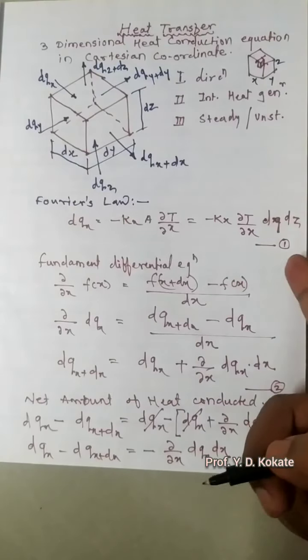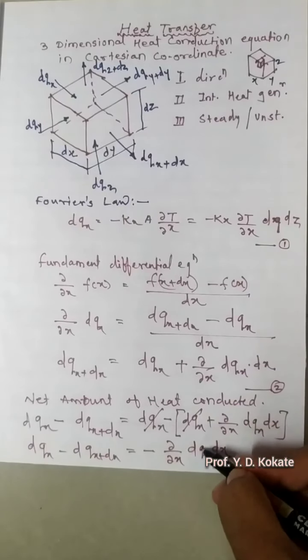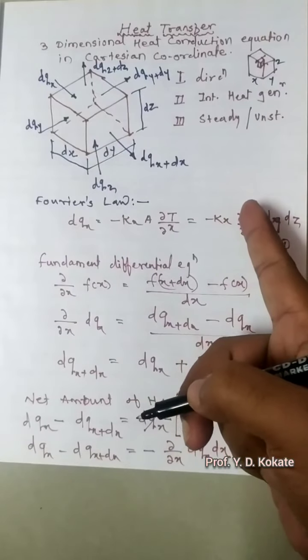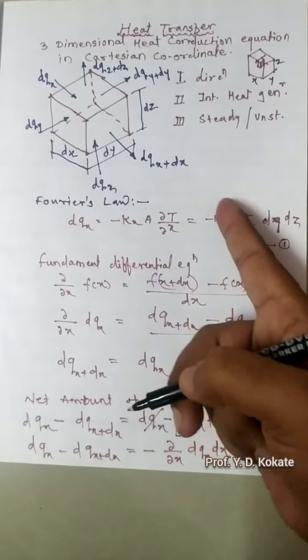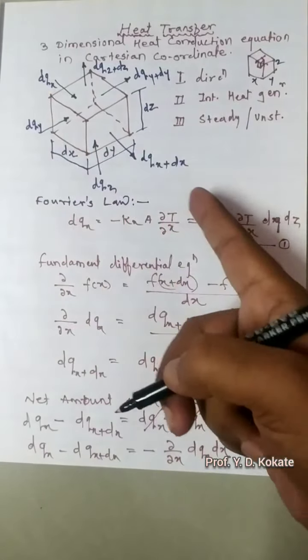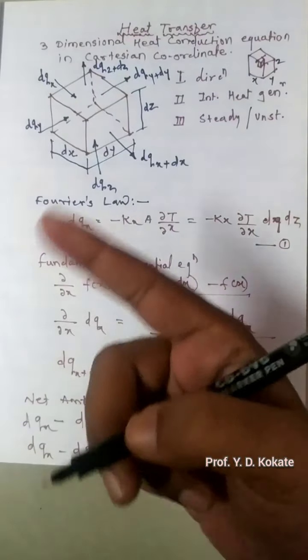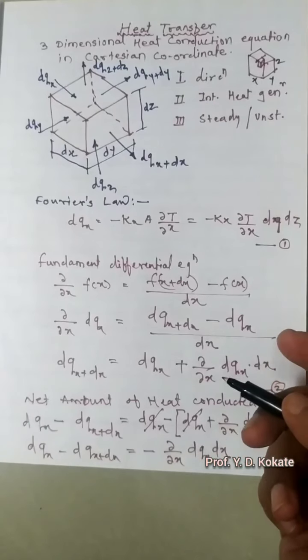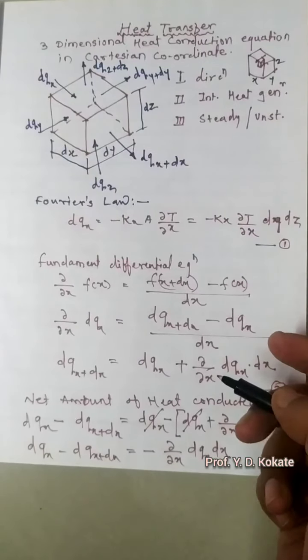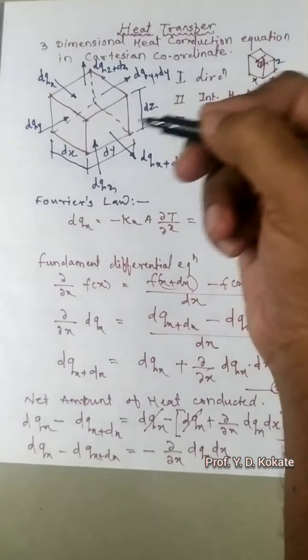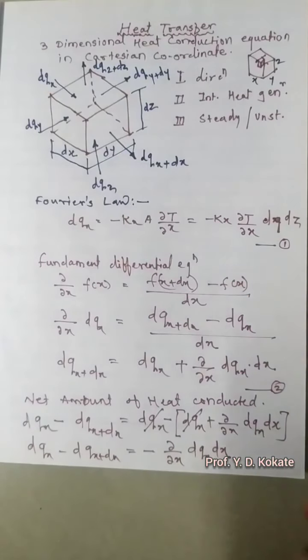If you see equation number 1, we can find the value of dqx. What is the value of dqx? Minus kx. Kx is nothing but the thermal conductivity in x direction, because we are deriving this for anisotropic material. So in x direction the thermal conductivity is different, and in y direction the thermal conductivity is different.